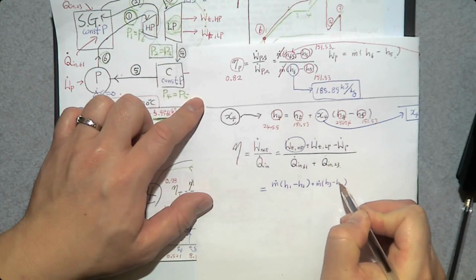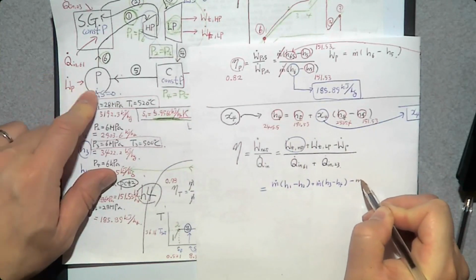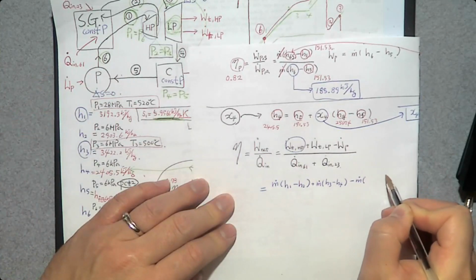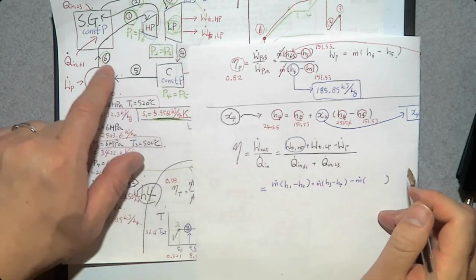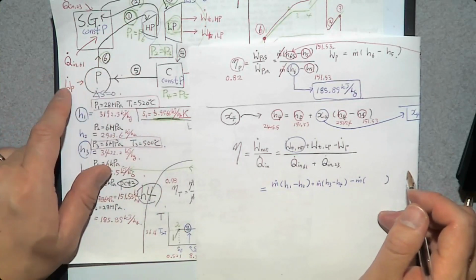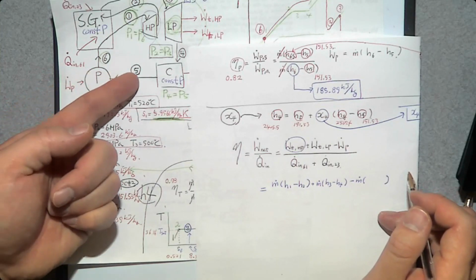H3 minus H4. What about this pump power? It is between 5 and 6, so it's going to be m dot either H5 minus H6 or H6 minus H5. The pumping power goes in, so it's going to be added to number 5.